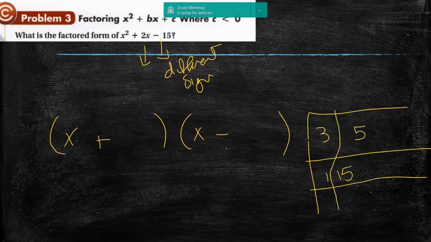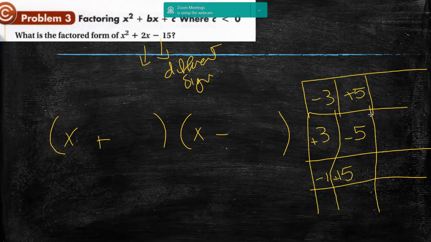Then, since they are different, one is positive and one is negative. Then we will add them. Negative 3 plus 5 is 2. Negative 2, positive 14, and negative 14.